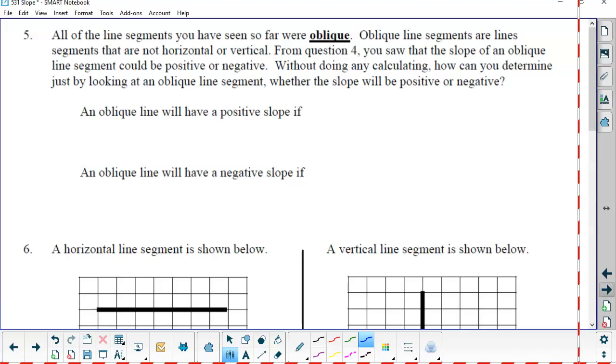negative? So if we're thinking about going from the left point to the right point, if the line goes up and to the right.